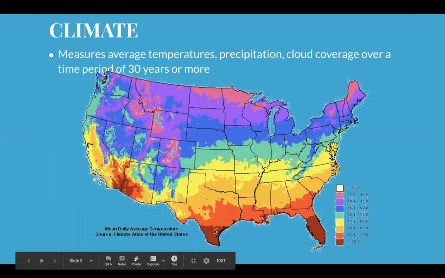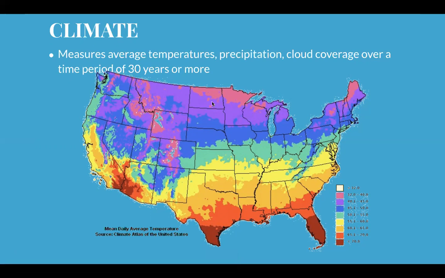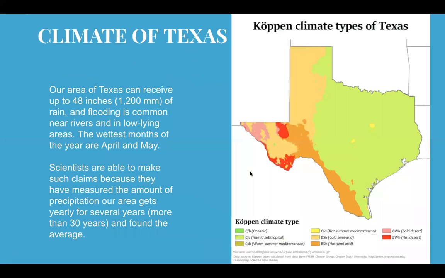In South Texas, the average temperatures are going to be about 70 degrees, and Florida as well. Then you can go all the way up into Minnesota and the border of North and South Dakota up into Montana. That's going to be between 40 and 45 degrees. The map shows the data that they've collected.